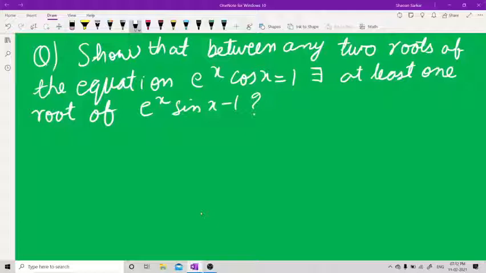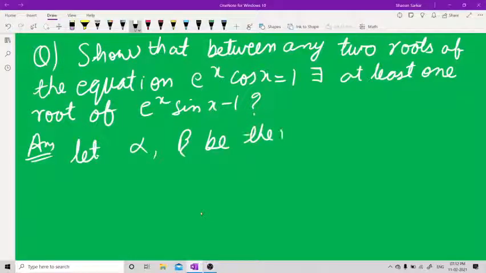Now the answer. Let alpha and beta be the roots. We can frame this equation in a different manner. I mean to say, you can write e to the power of x cos x equal to 1. Let alpha and beta be the roots of this.